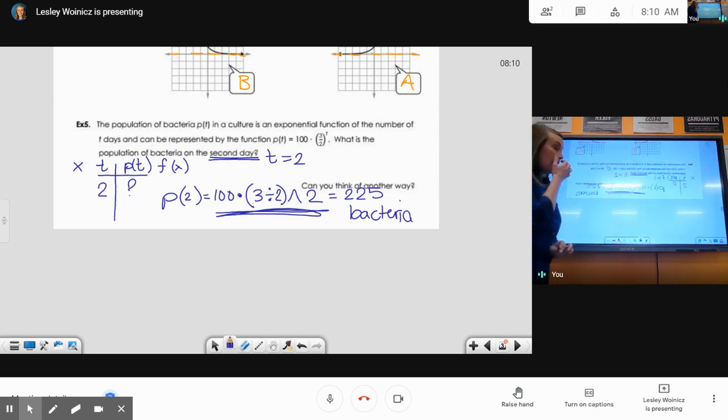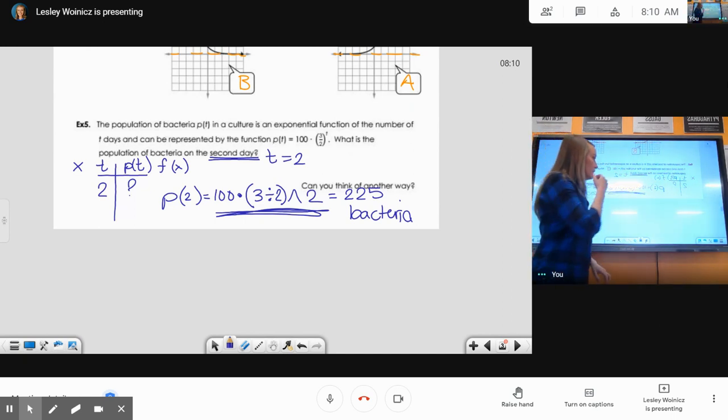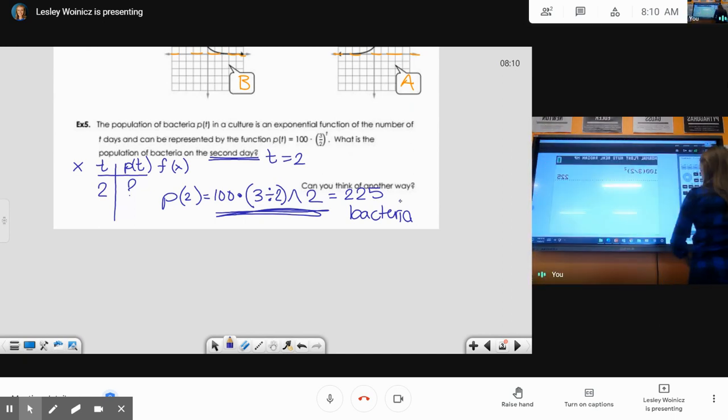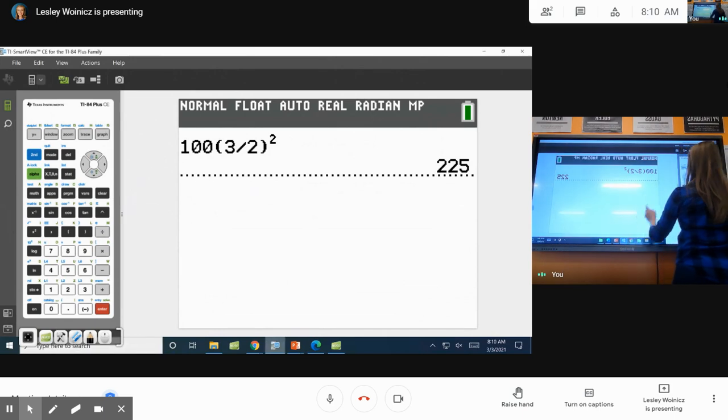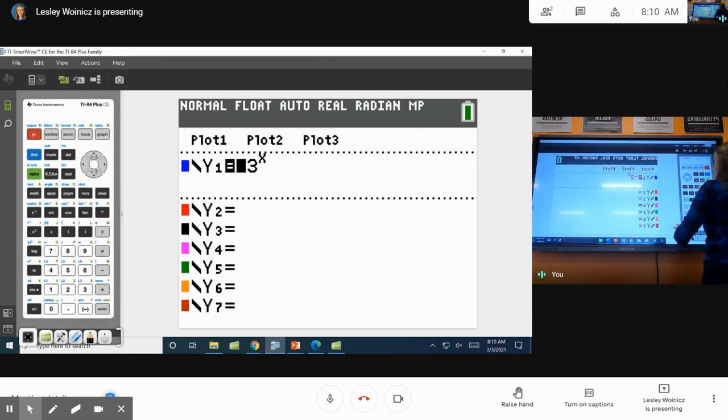Okay, another way would be to put this function in your calculator and look at your table. So I could go to my calculator, again, go to y equals, clear out whatever's in there, and do 100, open parentheses, 3 divided by 2, close them, power caret, and put an x.